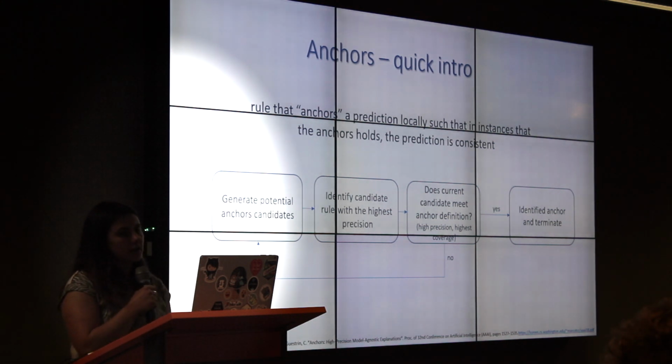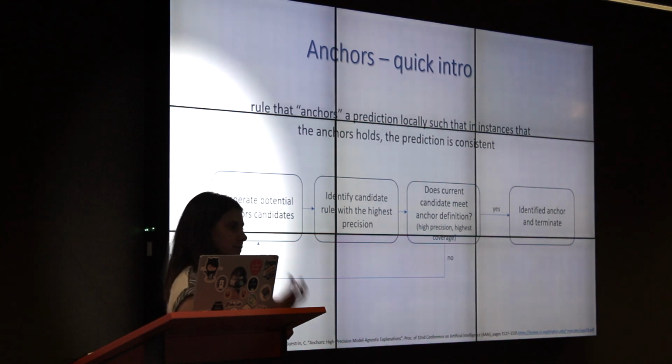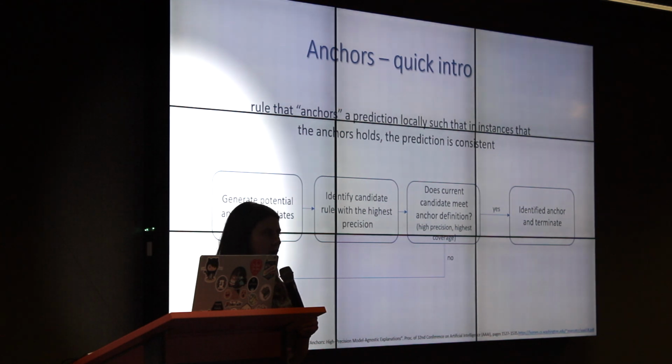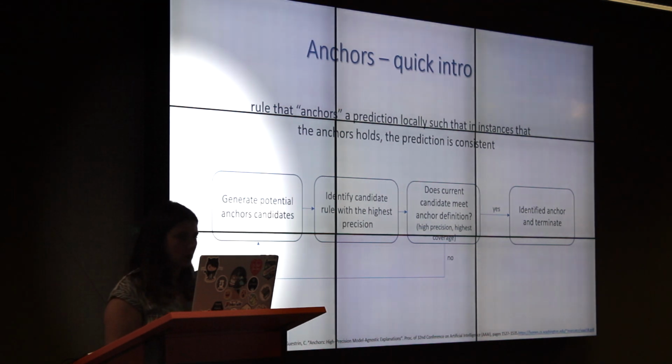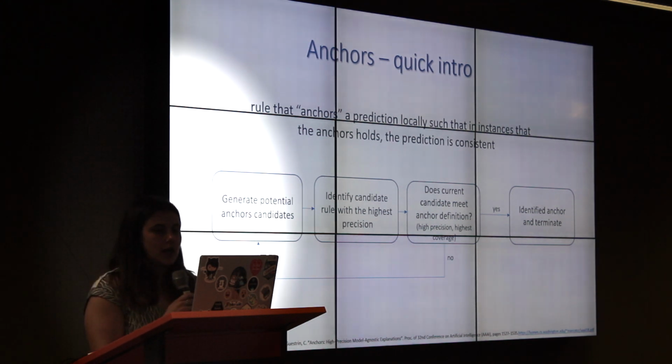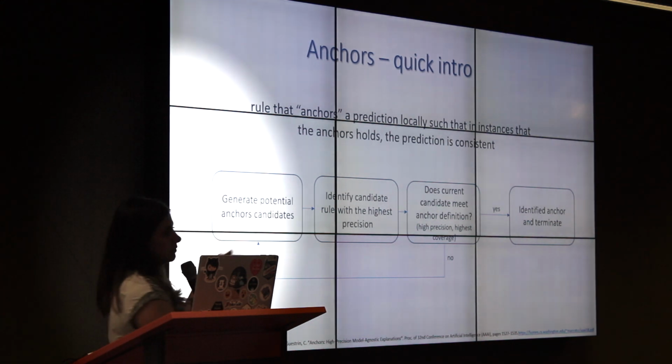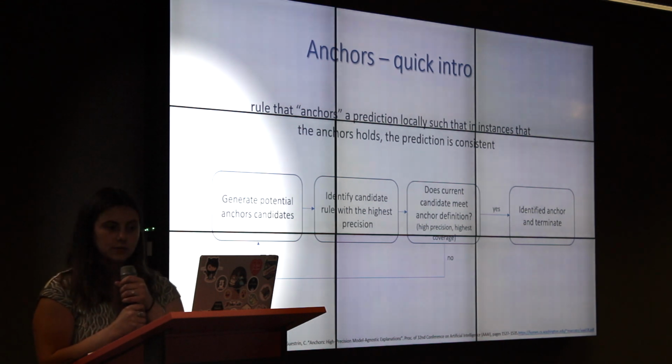Then you identify the candidate rule with the highest precision. Does the candidate meet the anchor definition? The anchor definition is you need to have high precision, i.e. when this anchor is present, almost all the time, does the prediction stay the same? And highest coverage: does it cover a very wide range of the input space? If the answer to that question is yes, then you identify the anchor and terminate, all is good. If not, you go around and do this multiple times.